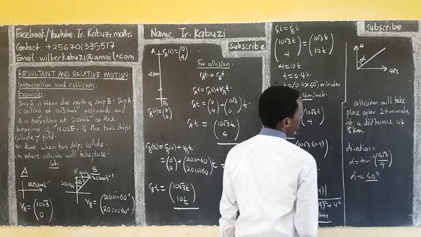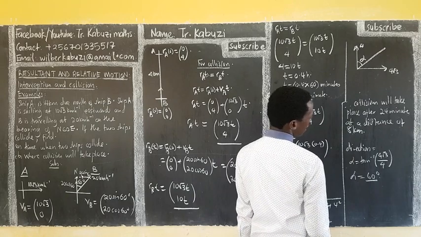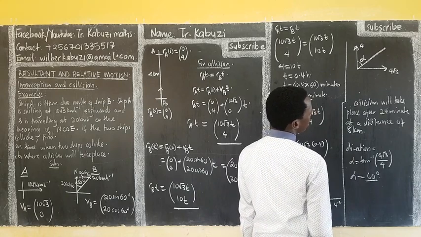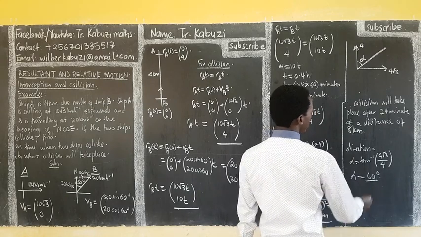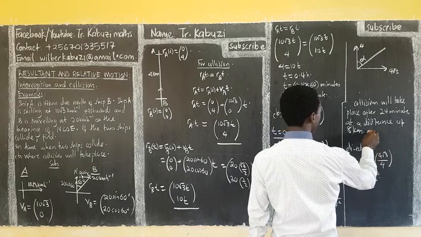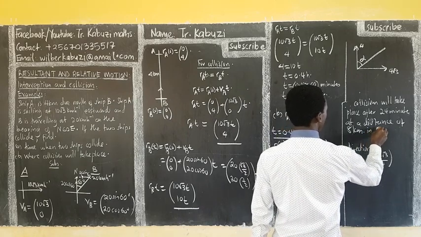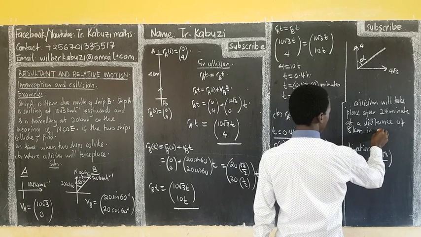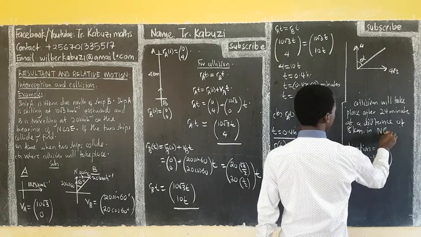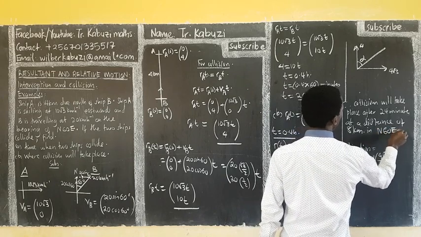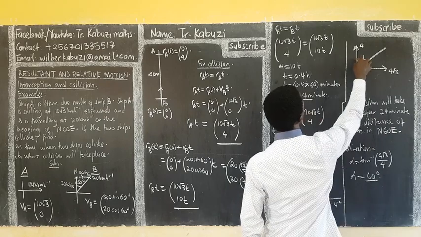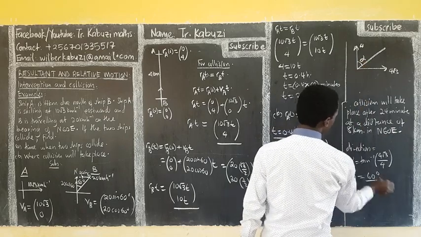So therefore, at a distance of 8 kilometers in the north, 60 degrees towards the east, because this is our alpha. As simple as that.